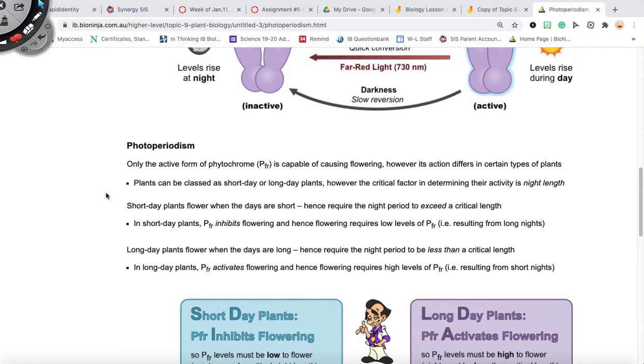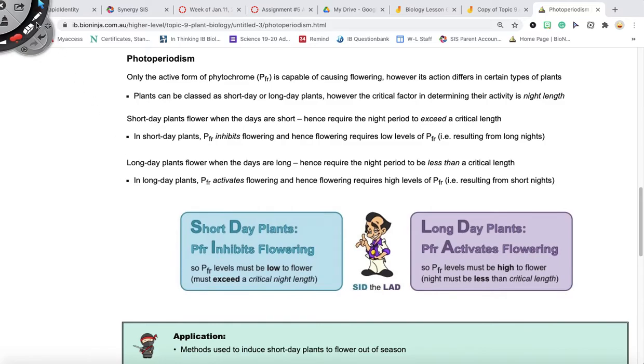All right, let's continue. Photoperiodism is actually determined by the active form, PFR. I just finished telling you that there are going to be high amounts of PFR during the day and low amounts of PFR during the night.